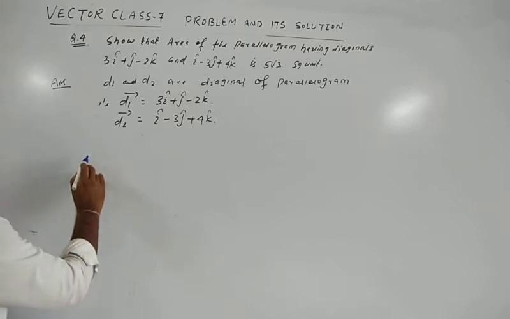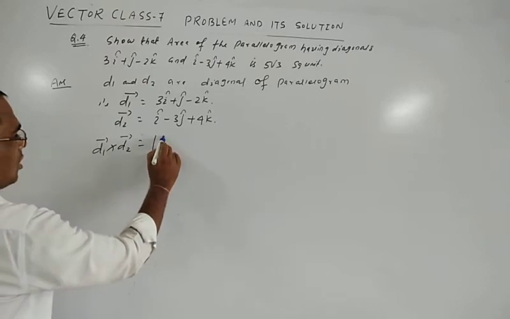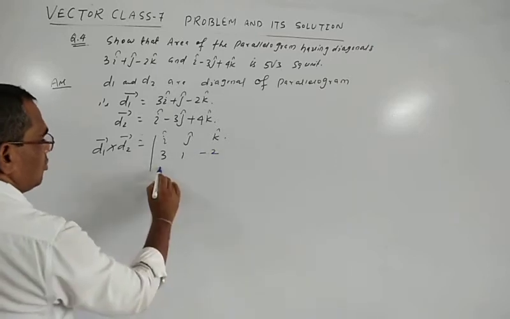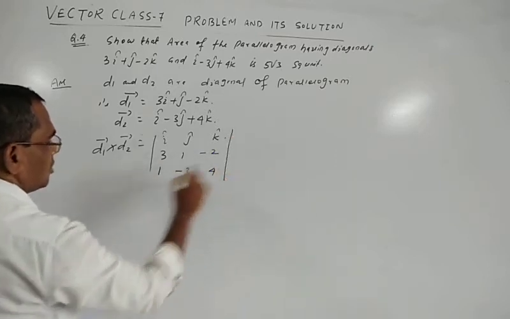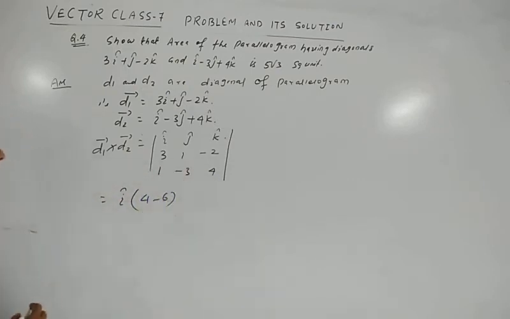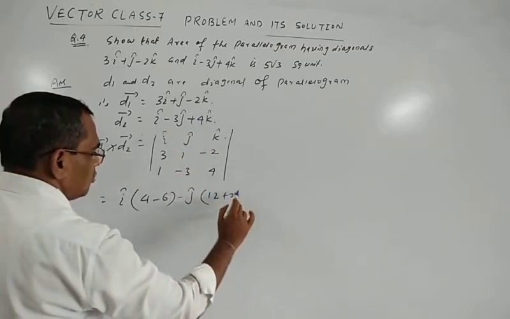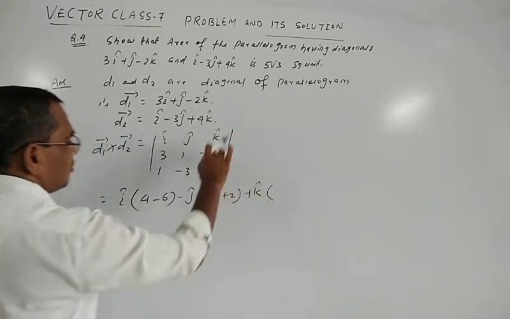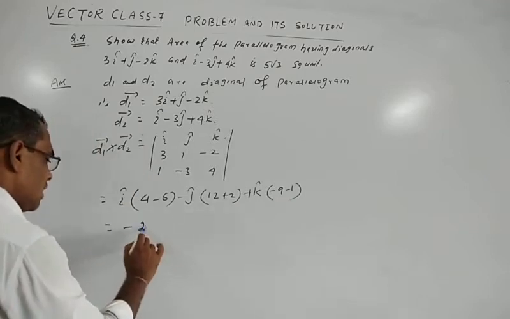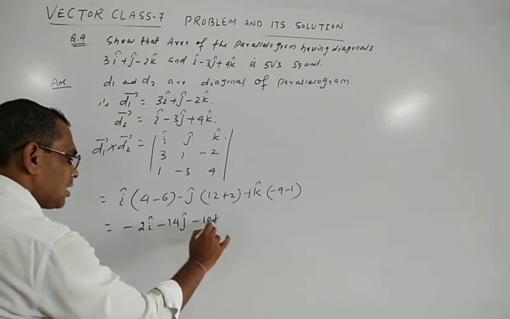So d1 vector cross d2 vector is the determinant of i cap, j cap, k cap; 3, 1, minus 2; 1, minus 3, 4. This is equal to i cap into 4 minus 6, minus j cap into 12 plus 2, plus k cap into minus 9 minus 1. So this is equal to minus 2i cap minus 14j cap minus 10k cap.